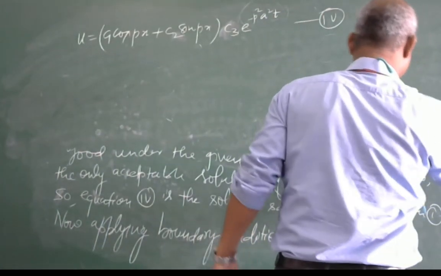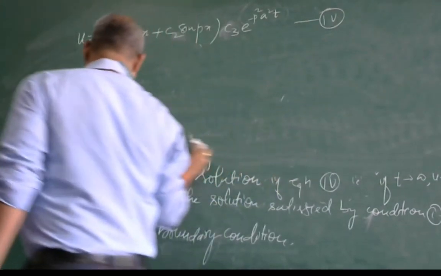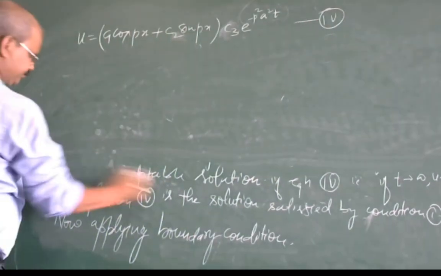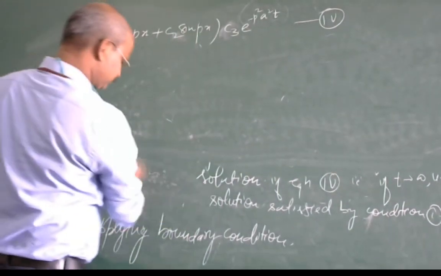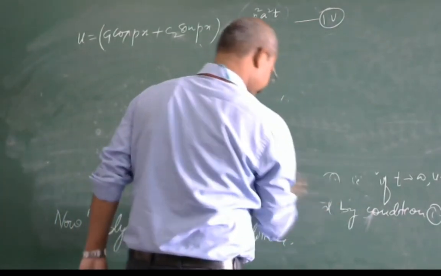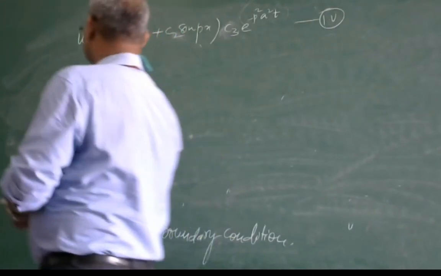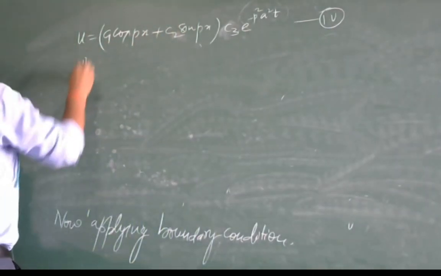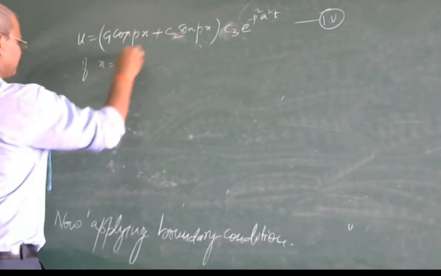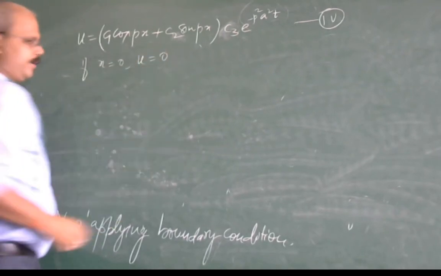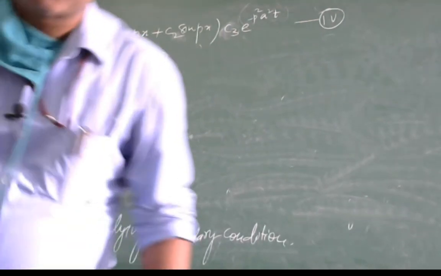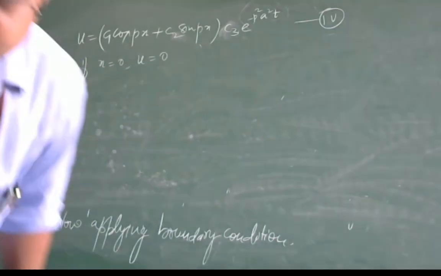If x is equal to pi, u is again pi. If x is equal to 0, u is 0.